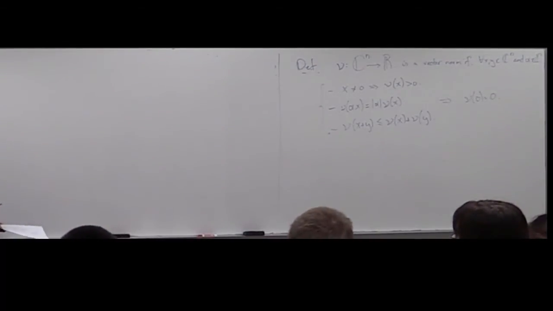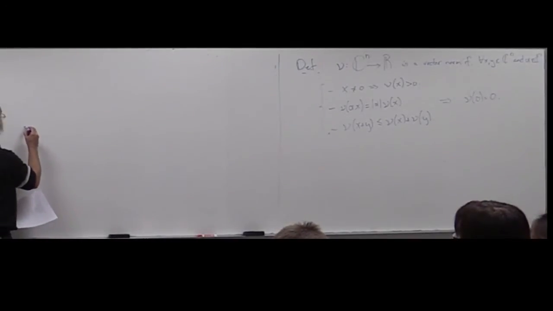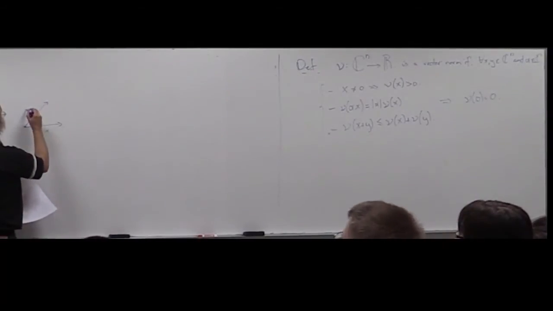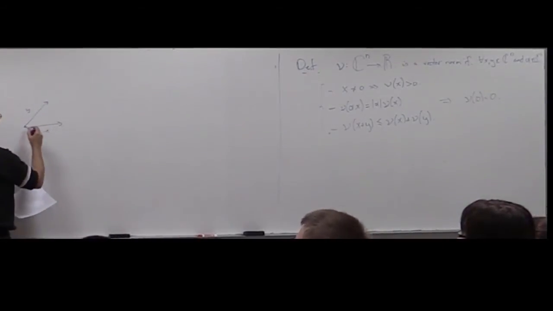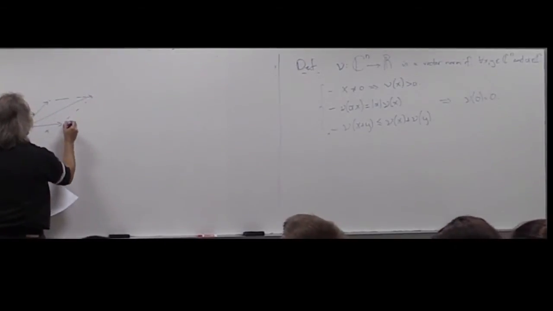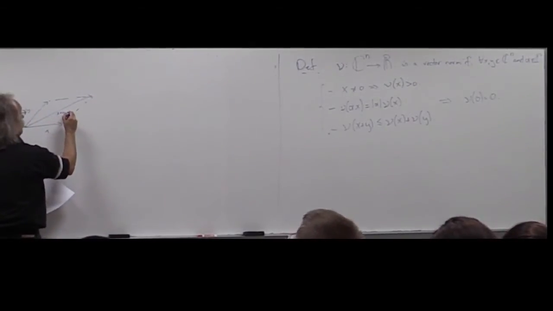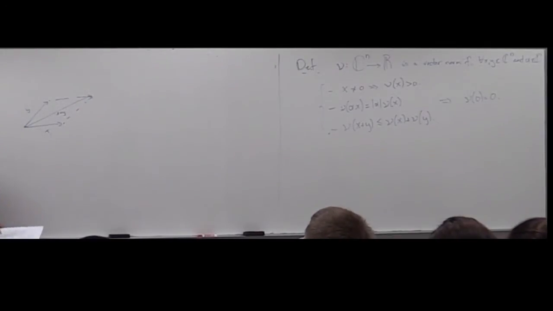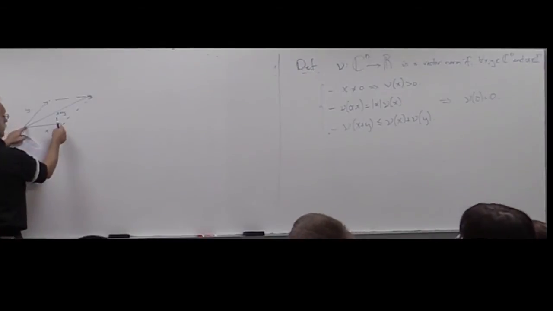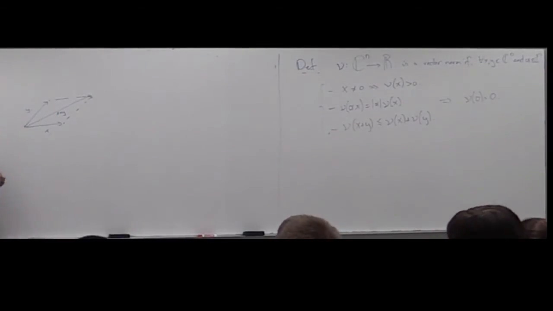Now, notice that in high school you were already taught that if you have a vector x and a vector y, and you add x and y together, what do you get? This is x plus y, right? That it's always the case that the length of this is less than the length of that plus the length of that.